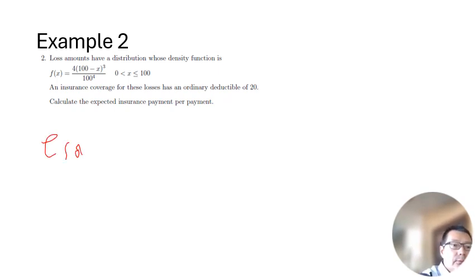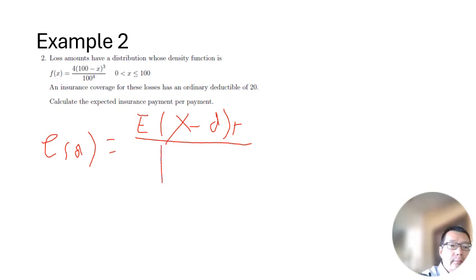The formula we have is the expected value of payment per loss divided by P of X greater than D. Earlier we already knew this part, the expected value of payment per loss.